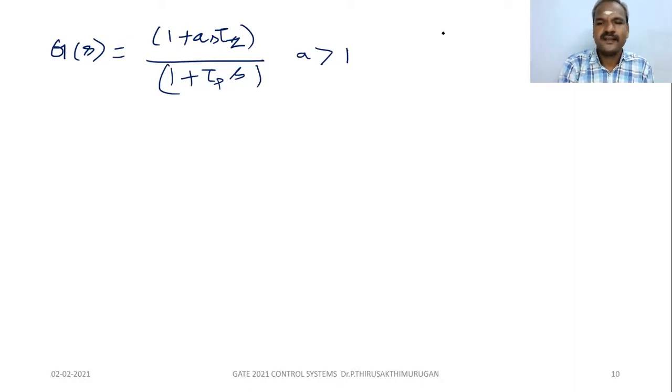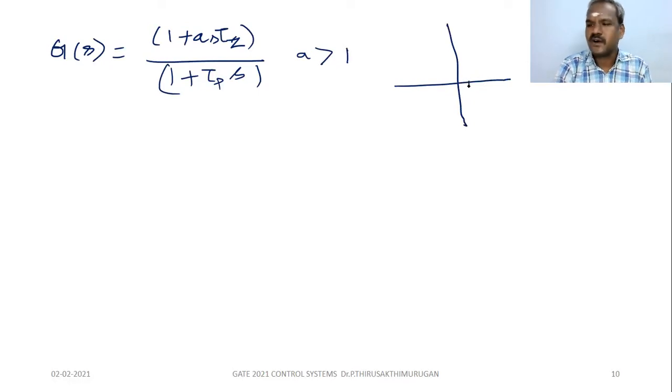So what is the typical polar plot for this system? It starts at magnitude 1, ends at a. So this is a semicircle in the upper side, moving from omega 0 to omega infinity.